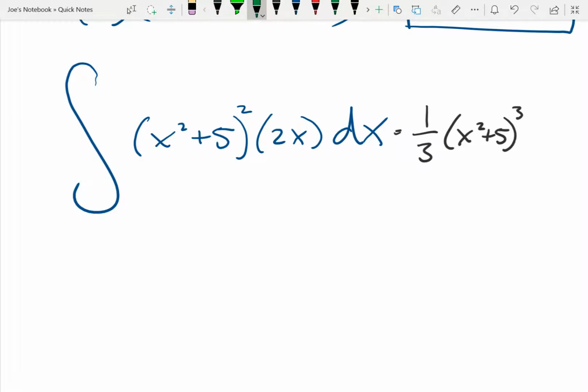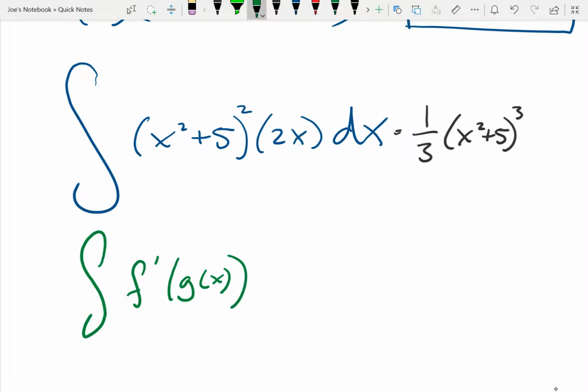You are going to be given patterns, and in the most basic, easy one today, you're going to be given f prime of g of x. So you're going to be given somebody's derivative with an inside function, and you're hoping, at least, and today you will, that the derivative of the inside is floating around.